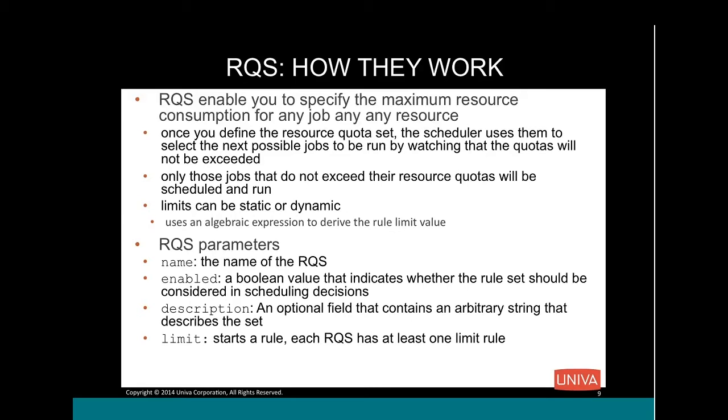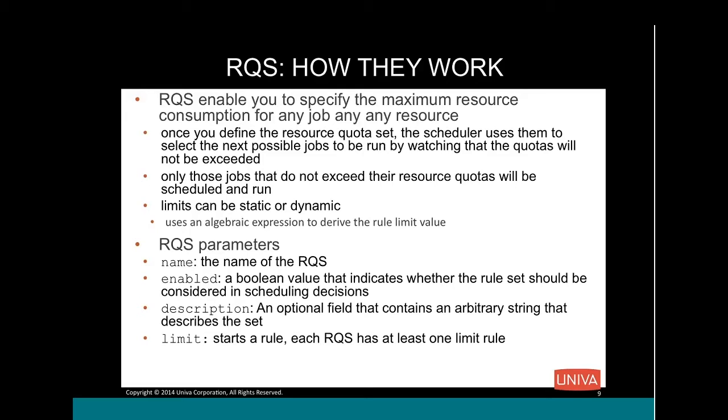And of course, if that job exceeds any particular resource quota, then it will not run the job. So only those jobs that do not exceed those resource quotas will be scheduled and run. An interesting thing about resource quota sets is that these limits, these quotas, can be static or dynamic. In fact, you can use an algebraic expression to derive the overall limit value.